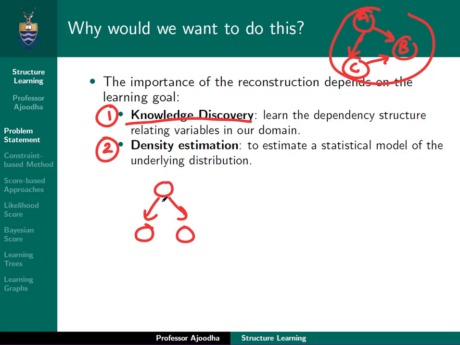And if you learn the structure relative to D, you'll get better accuracy. And so we can have better probabilistic queries like P of Y given E, and so on, like previously. We'll have more accurate density estimation if we learn the structure, rather than guessing it or just using our understanding of the associations.